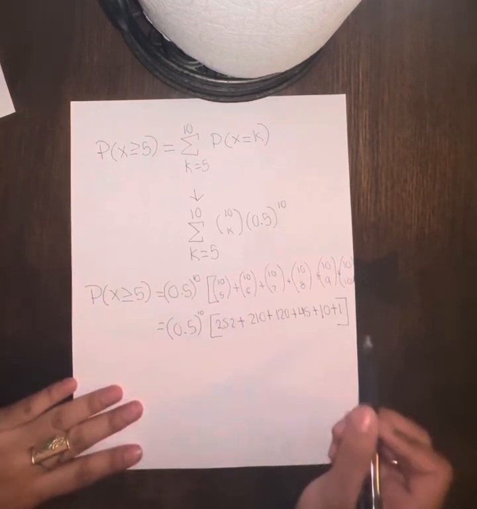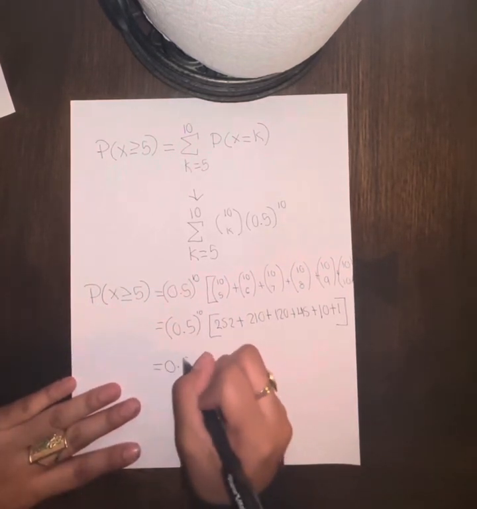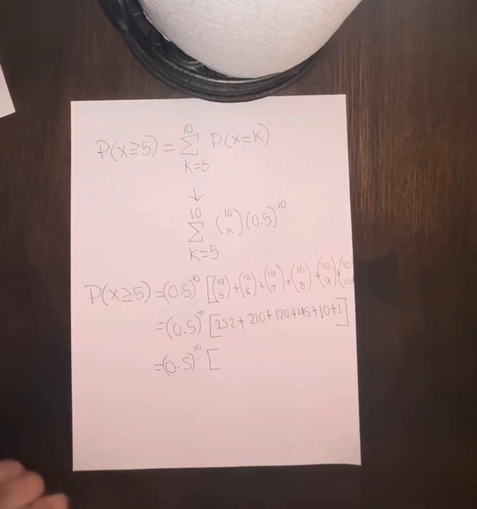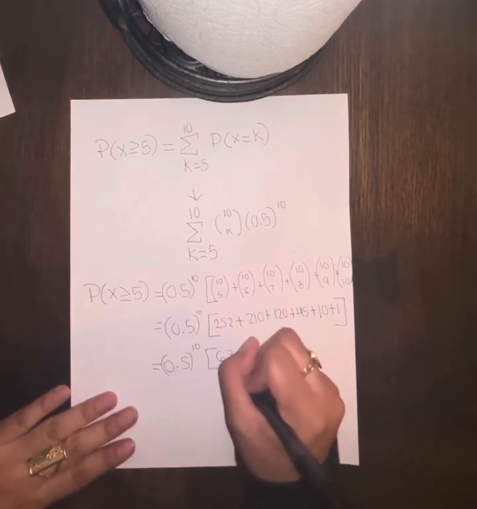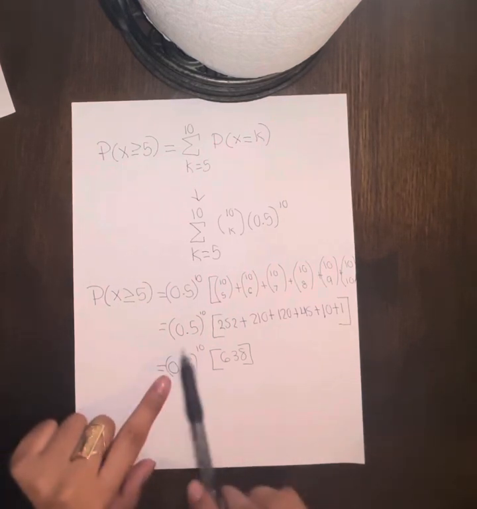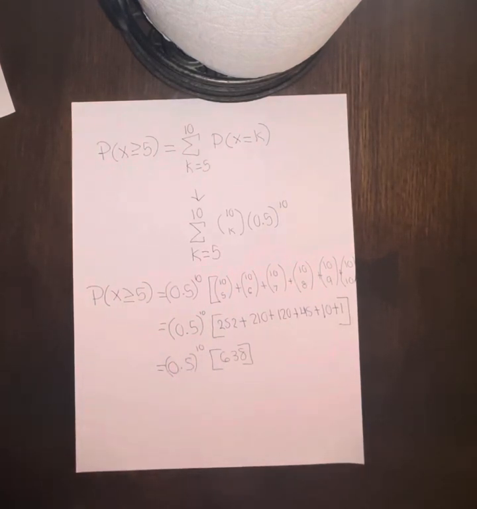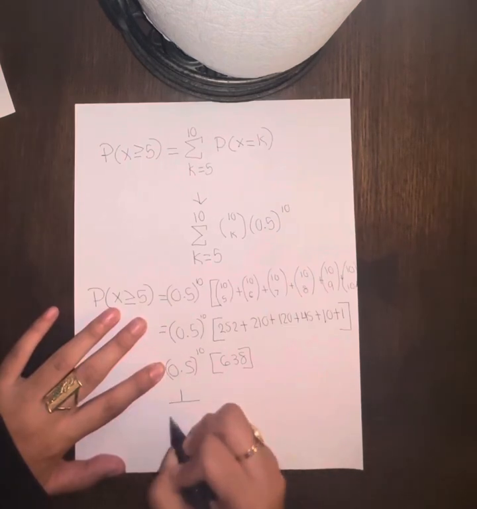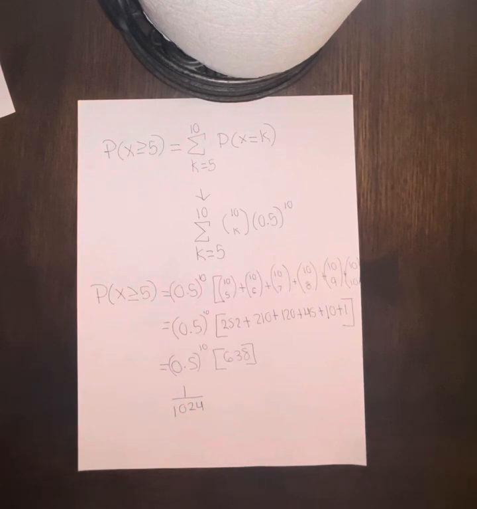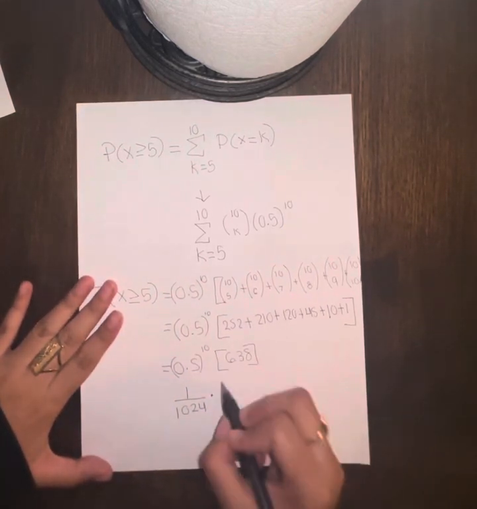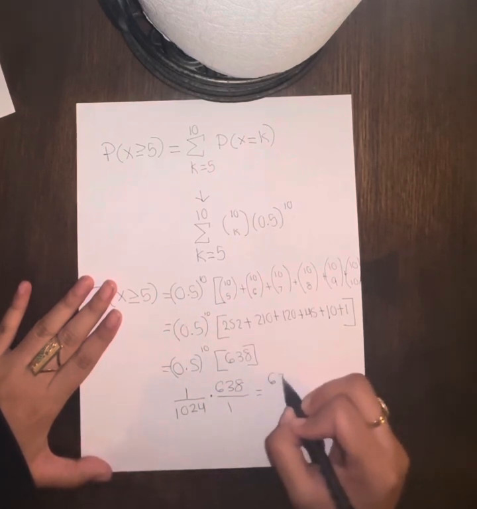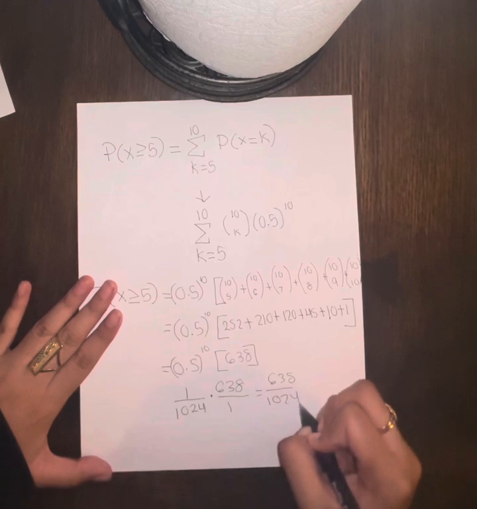Now when you add all of those up, you get 0.5 to the 10th power times 638. Now after this, you solve this, which would give you 1 over 1024. And then since you multiply it by this, it's 638 over 1, which gives you 638 over 1024.